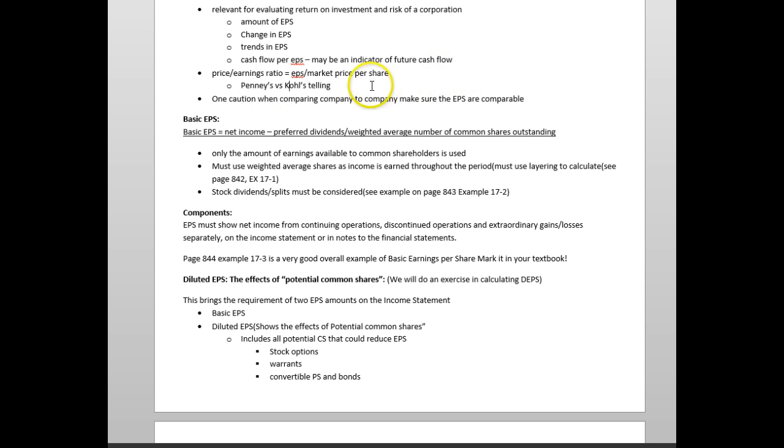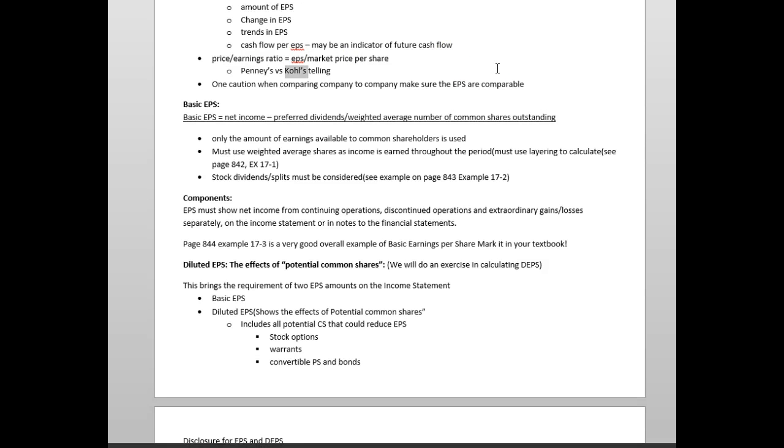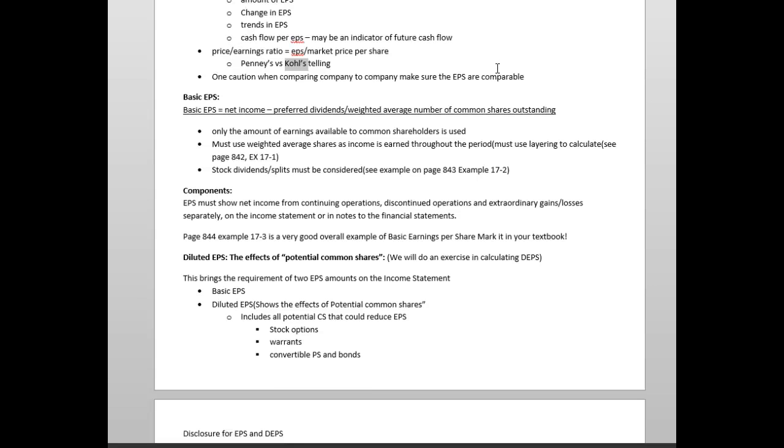Those are very telling EPS, because Penney's is experiencing extreme distress right now, and Kohl's is still going gangbusters. So it'd be interesting to look at those two financial reports and see what the difference was in 2010. Might make a good research project for some time, especially now that we know Penney's is having some issues.